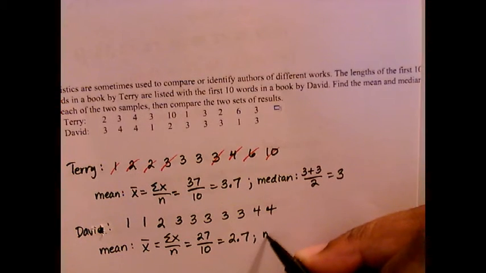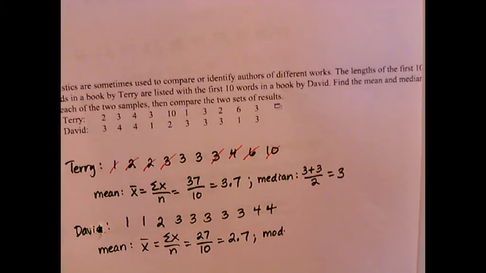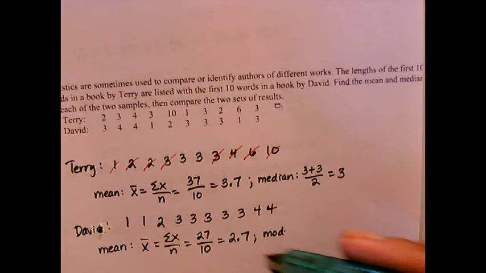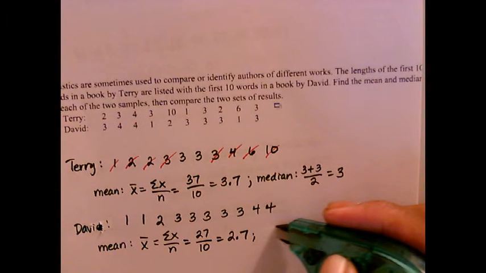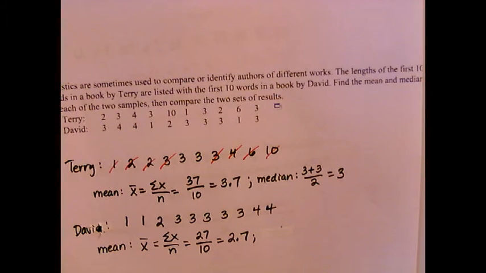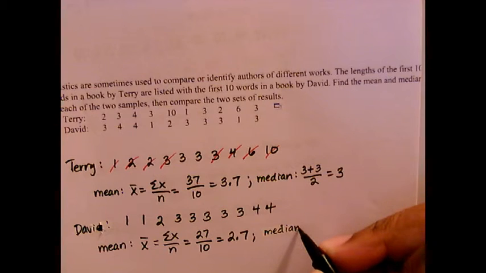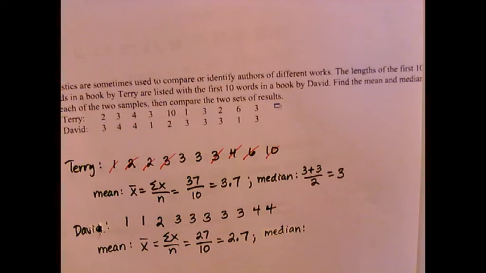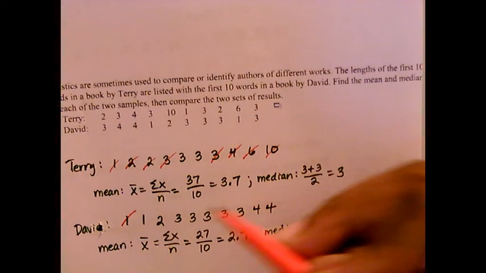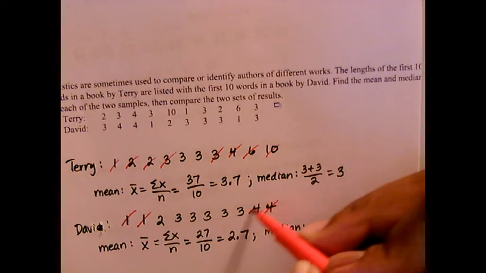Now for the median. We just want the mean and the median of this set of data. What we'll do here is find the two middle numbers because there are 10 data values.